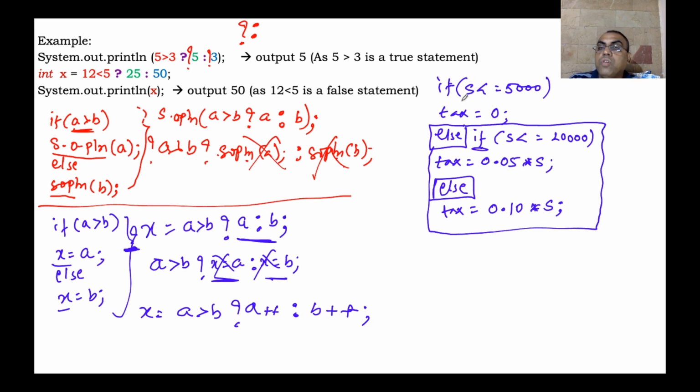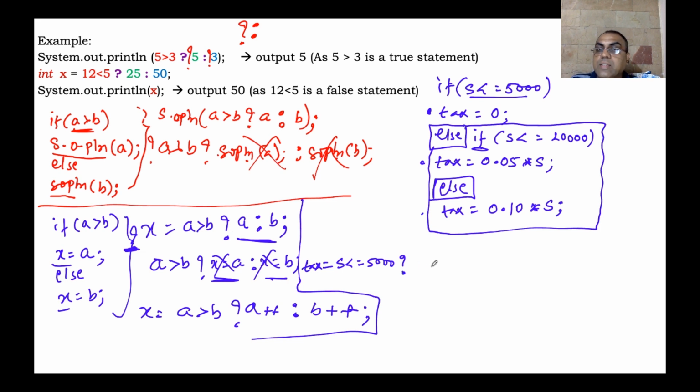So now focus here, understanding that this is a storing, this is not a printing. Tax is equal to, this is storing. So I'm going to start writing here. I'm going to say tax is equal to, now condition number 1. So I'm going to say s less than equal to 5,000, then tax is 0.